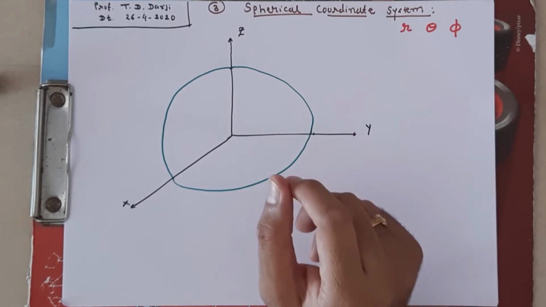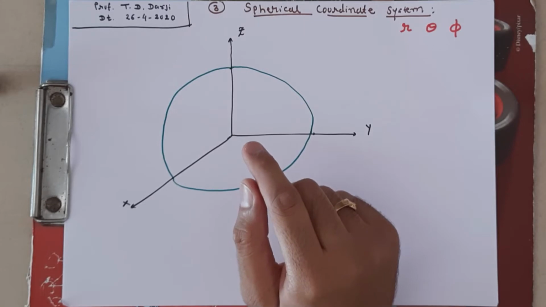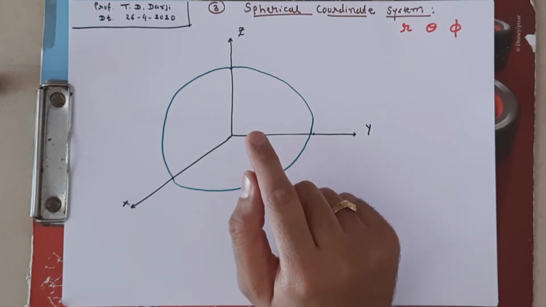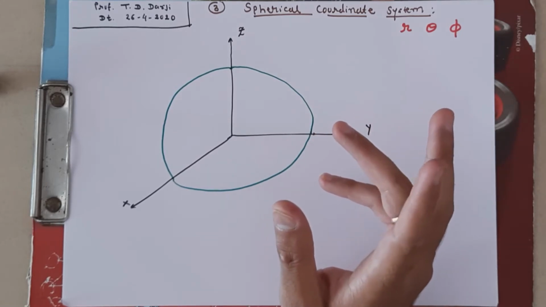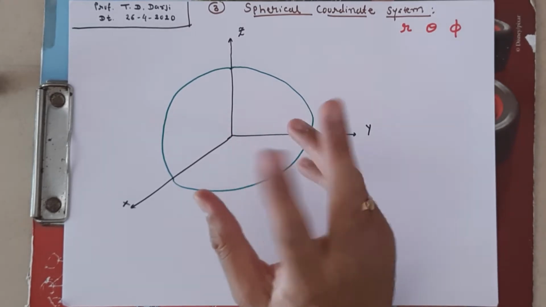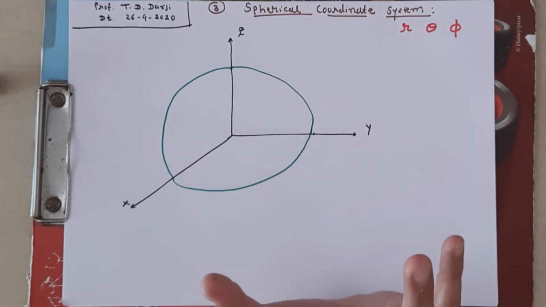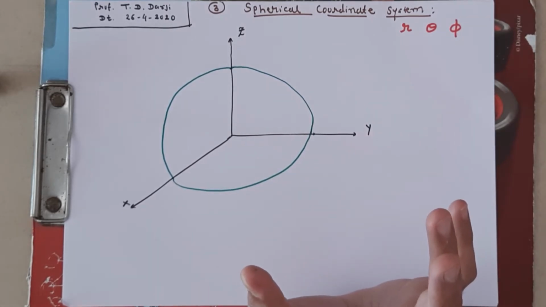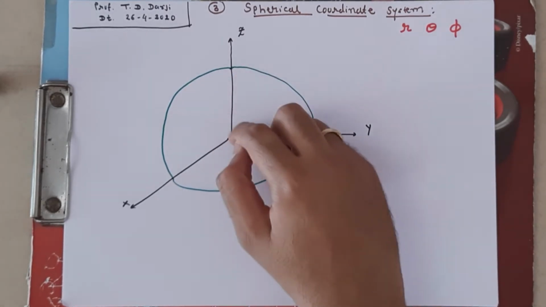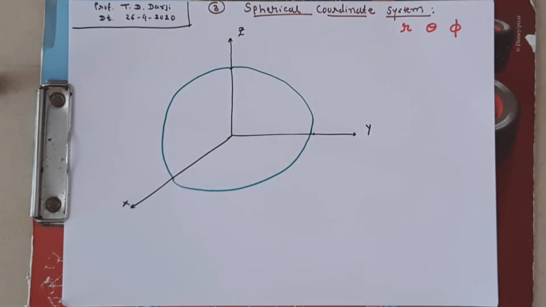Suppose I measure the distance of our country with respect to the center of the earth, and I measure the distance of America or any other country with respect to the center of the earth, it remains the same, because ultimately it is the radius of the earth. Similarly, this one is the radius of the sphere and it is known as r.